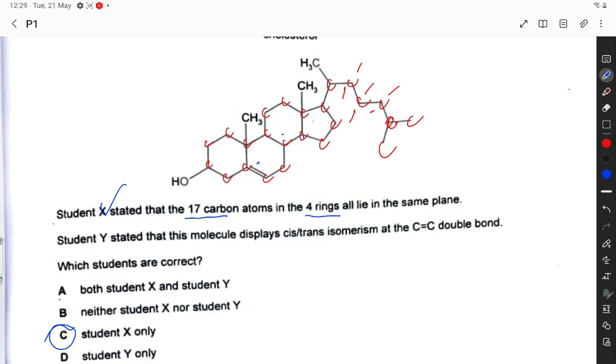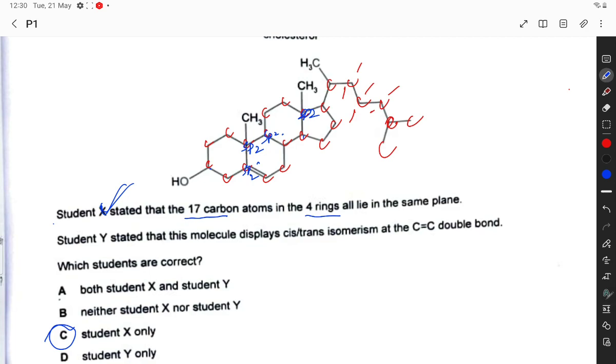Yes, because they have sp2 hybridization over here, sp2 over here, sp2, sp2, so that's why they all lie in the same plane. 17 carbons are there and they all lie in the 4 rings, all in the same plane.